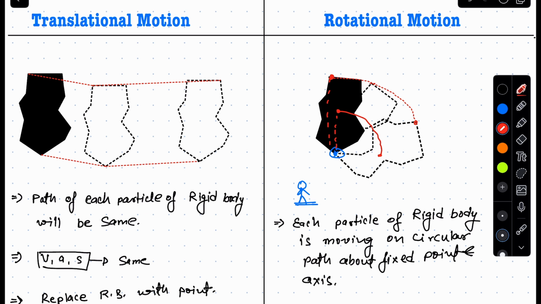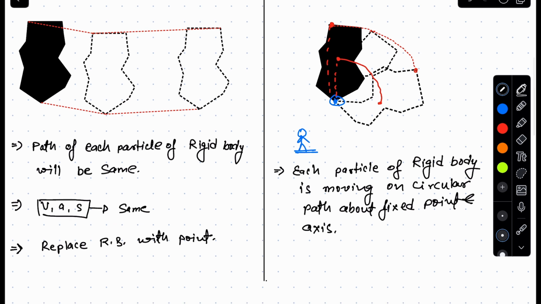Now if I say that each particle is moving in a circle of a different radius, isn't it, will the velocity of different particles be different or not? Because we know the relation from circular motion. What is that?